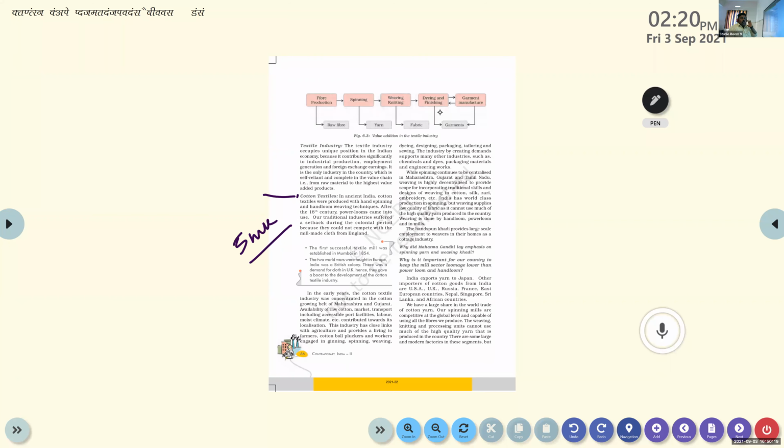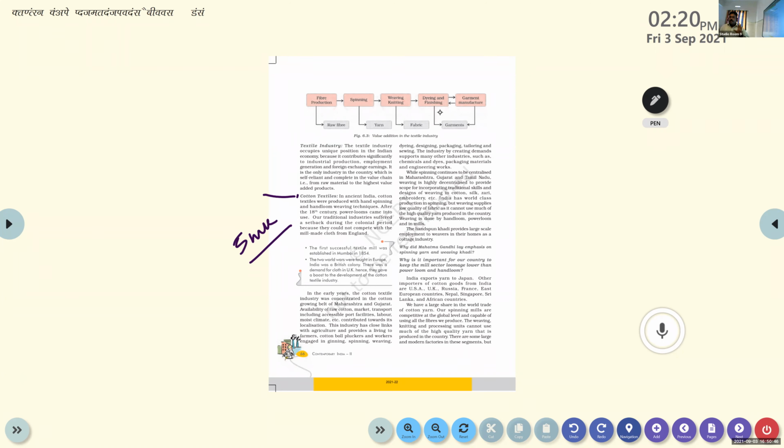We already studied in class 8 the importance of Indian cotton, the different varieties like bandana and calico, world class export quality materials. In ancient India, cotton textiles were produced with hand spinning and handloom weaving techniques.